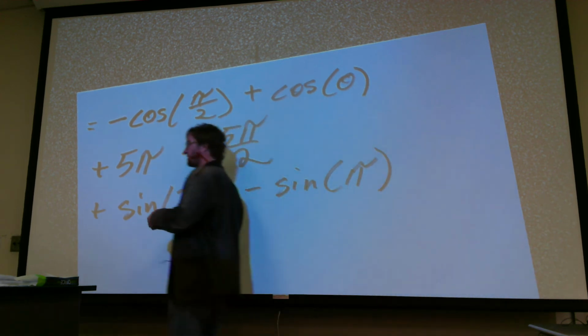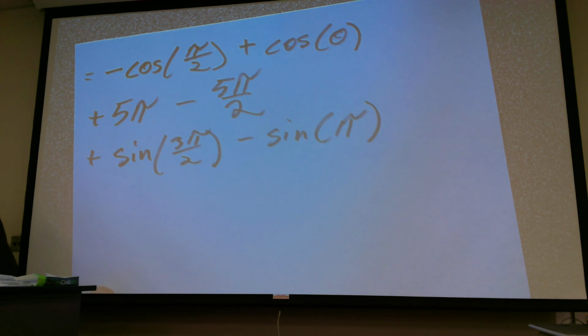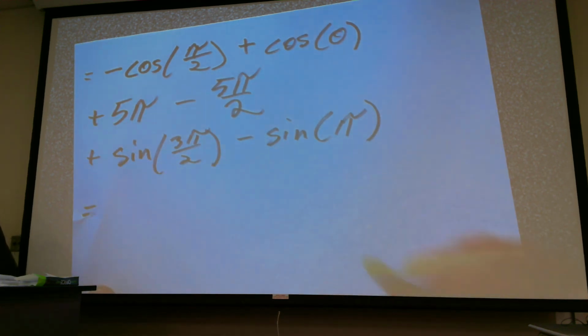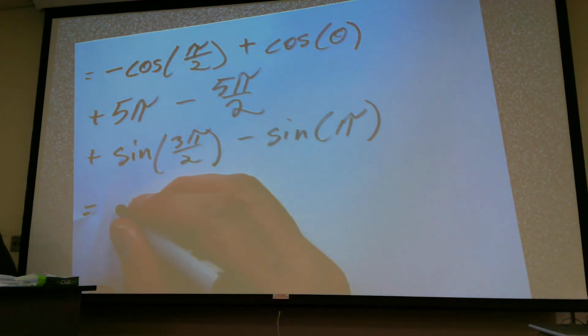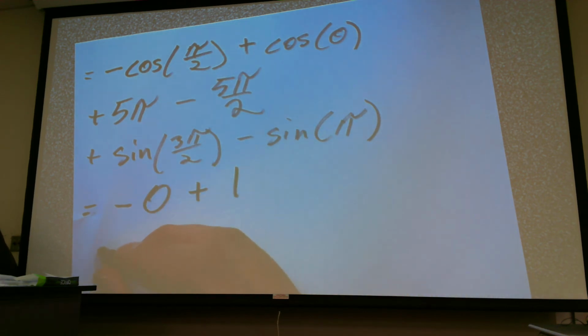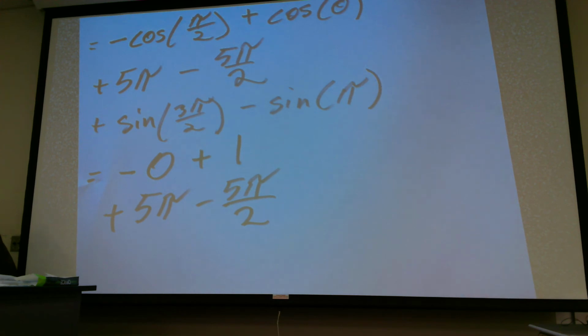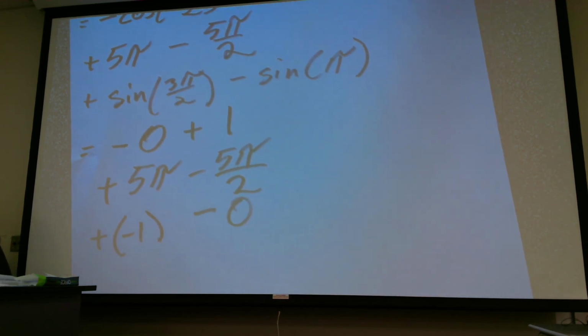So what I end up with from all of this is negative 0 and plus 1, and then plus 5 pi minus 5 pi over 2. And then plus now negative 1 minus 0.